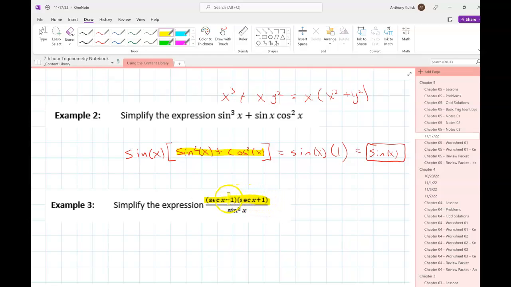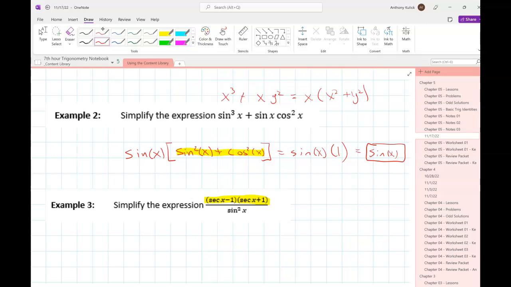What should you do with this? Foil, right? That's just a foil problem, isn't it? Everybody agree? And look at the setup of that FOIL problem. Secant x minus 1 times secant x plus 1.